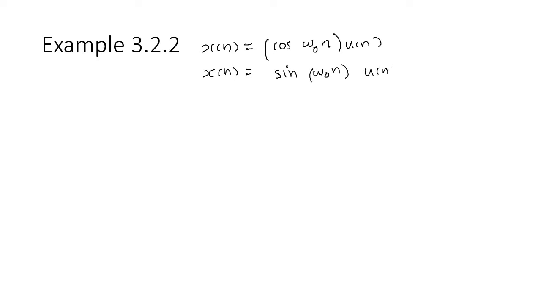Now let's consider another example. Say x of n is equal to cos omega 0 n u of n, and another signal x of n, that is sine omega 0 n u of n.